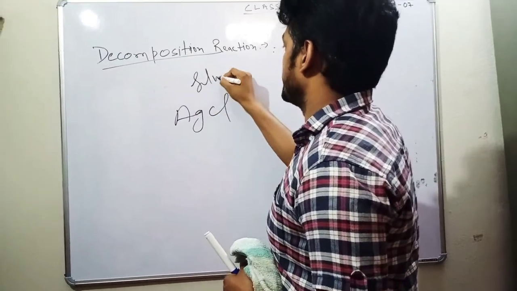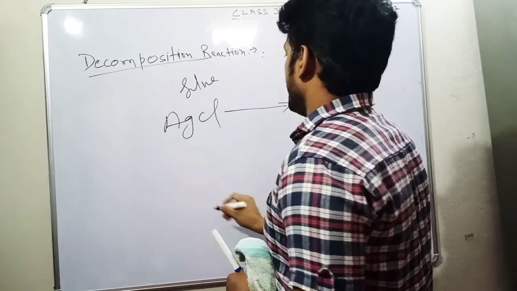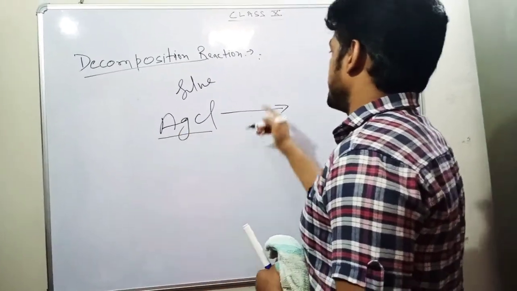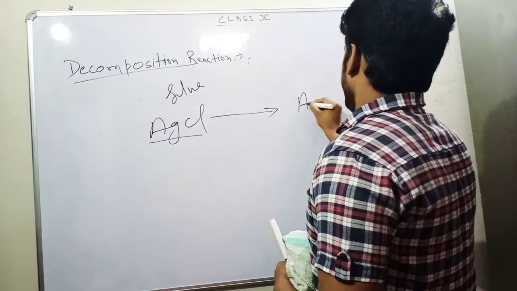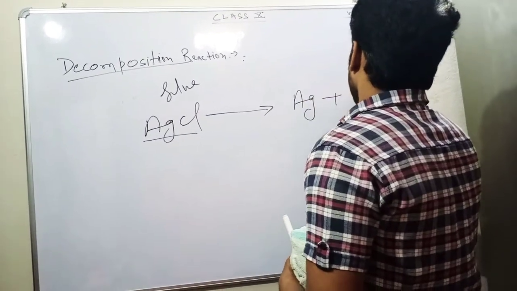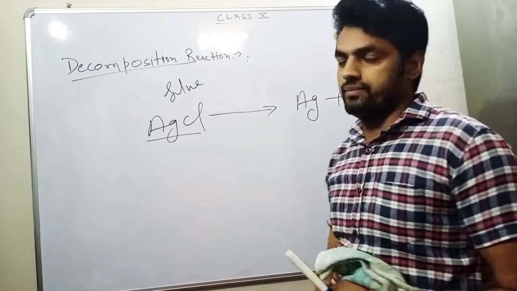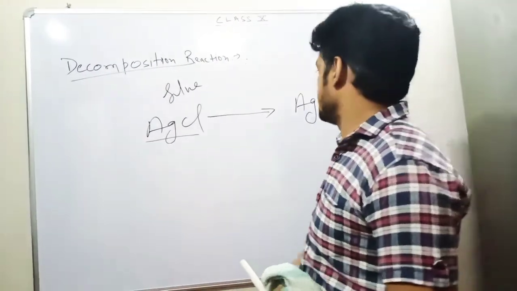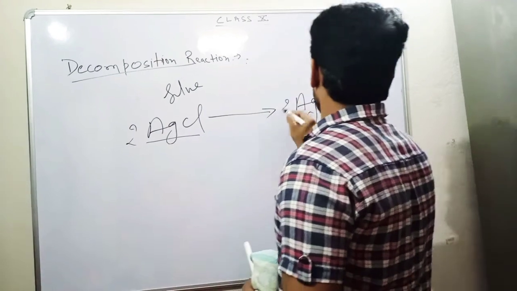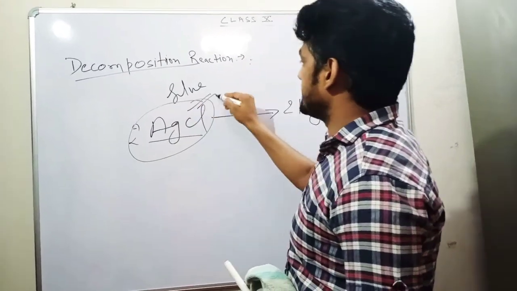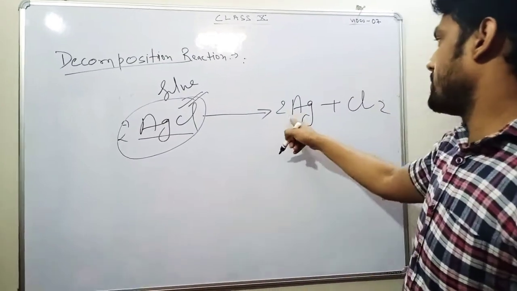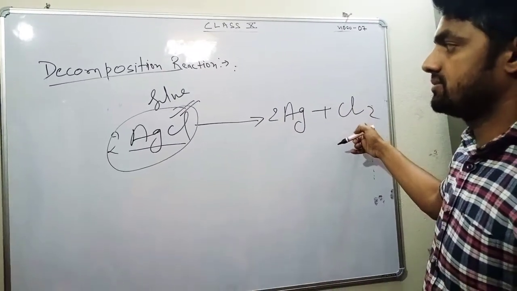What color does it have? Silver color. Whenever we take this silver chloride in sunlight, it decomposes into Ag and Cl. Here also a single substance is broken down into 2 simple substances.